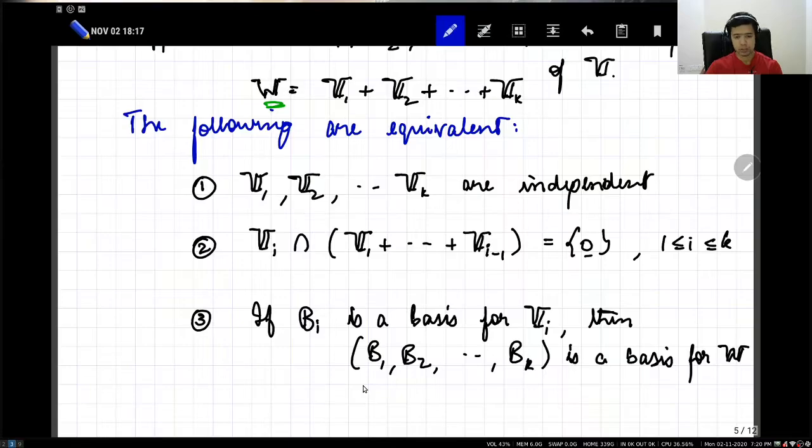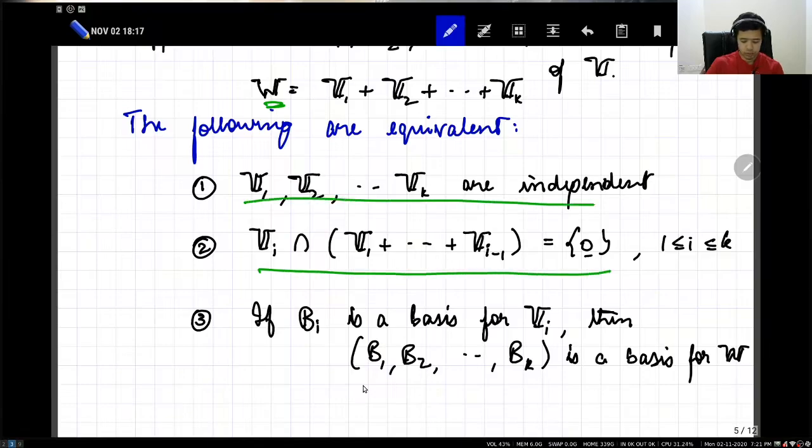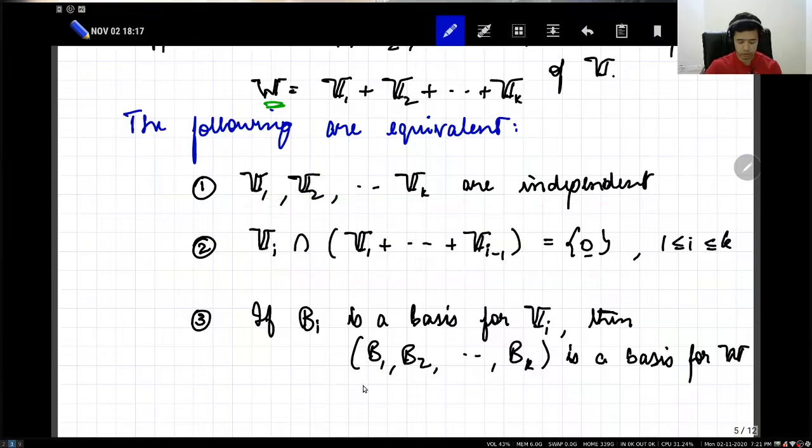Now to prove this, it helps to prove the contrapositive. So if V1 through Vk are not independent, then this does not happen. Another contrapositive is that if this is not satisfied, then V1 through Vk cannot be independent. Both of them are pretty obvious if you think about it.